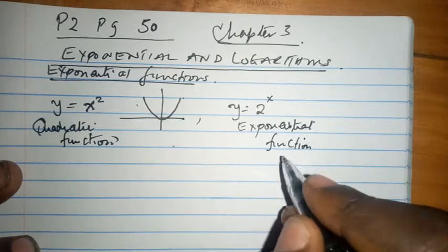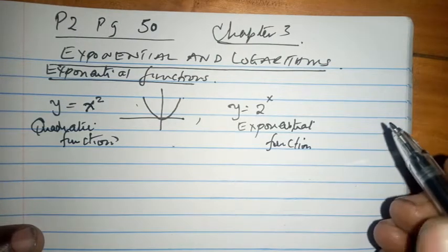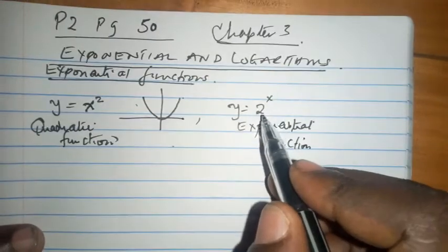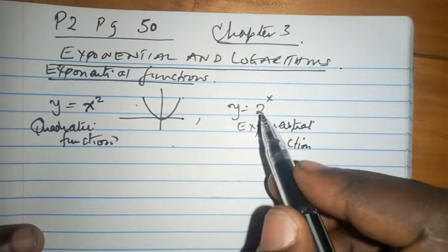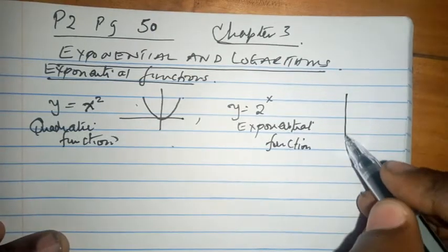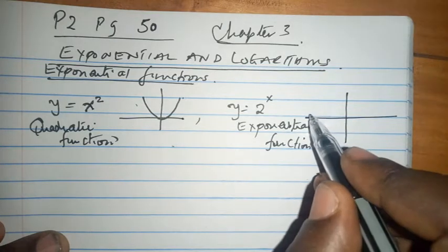And what we mean by an exponential function is that when x increases, the function increases without limit, because we are going to have a function and a graph that looks like this.